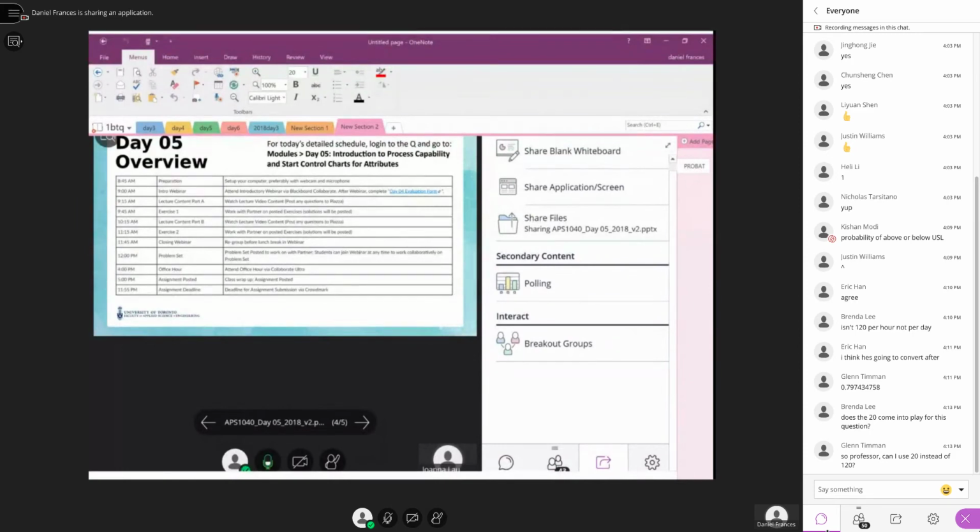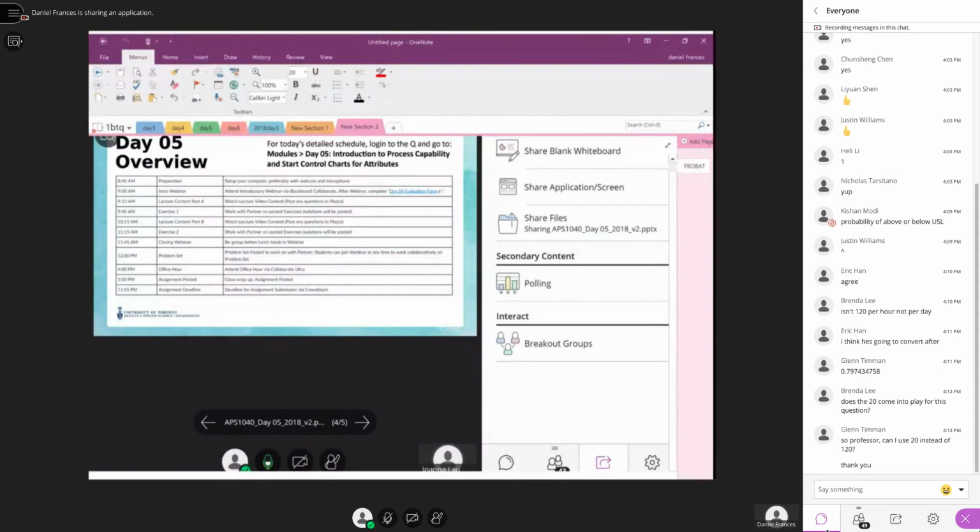Can I use instead of, yeah, as long as you state the assumption. Just have a little assumption box and say, I'm assuming that the question wants to know what percentage of the 20 were defective. Okay, make that assumption and go with it. So I urge you to think of possible interpretations and then take the one that you think is reasonable, you want to go with, and that's it. You don't have to solve it for every possible one.